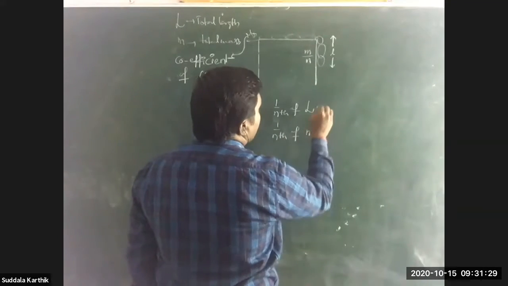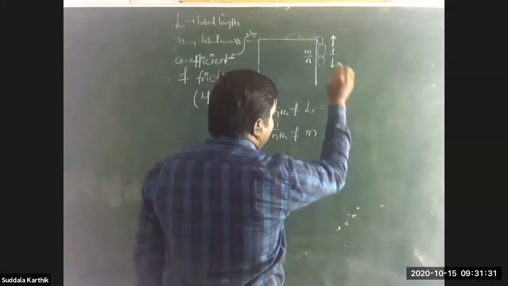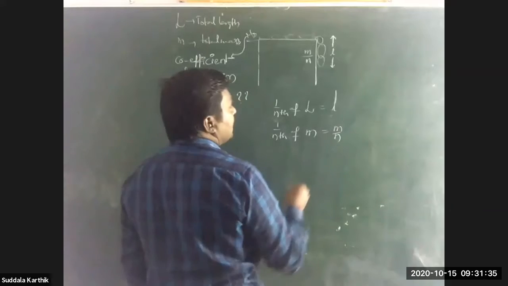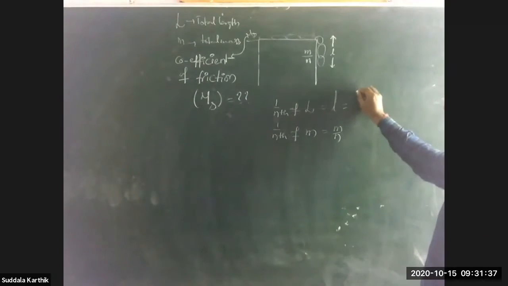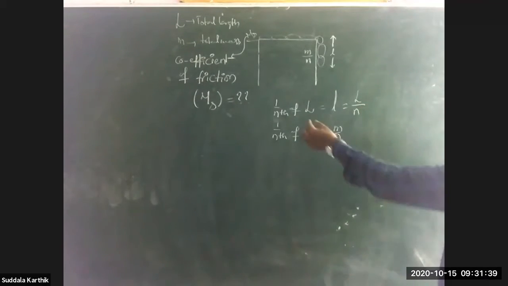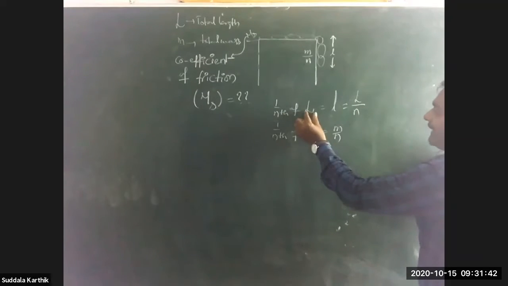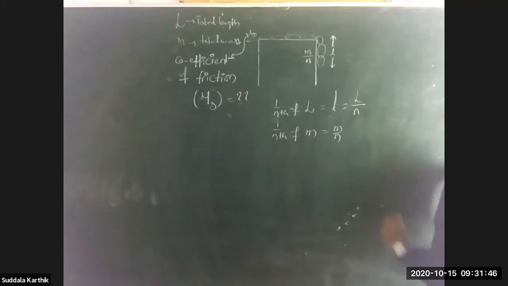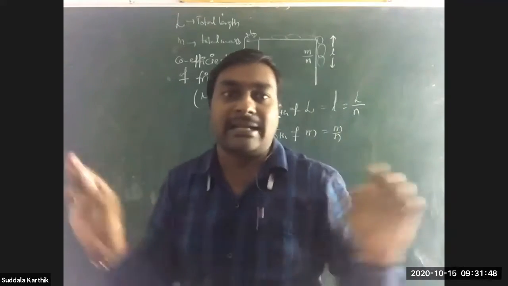So 1 by nth of total length is small l, which means l is equal to capital L by n. That must be equal to this hanging part. These things they have given in the data.